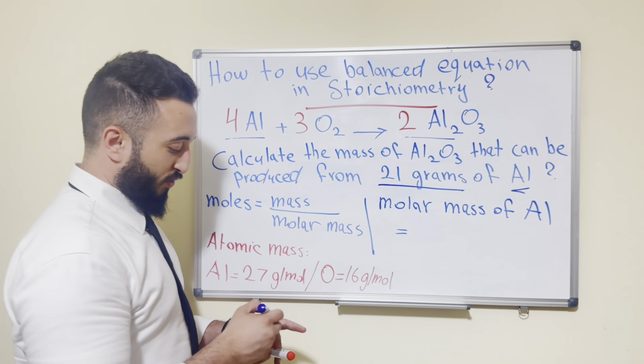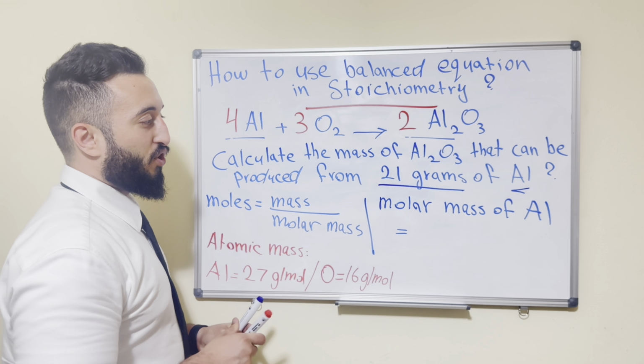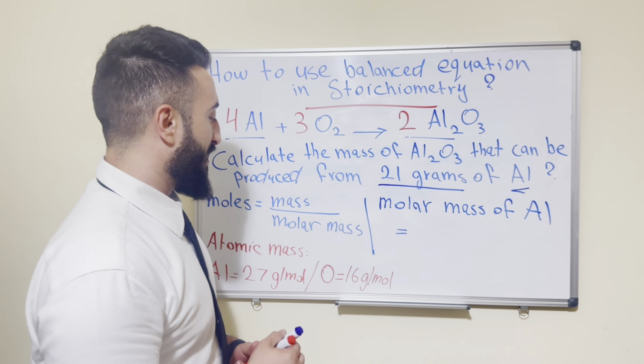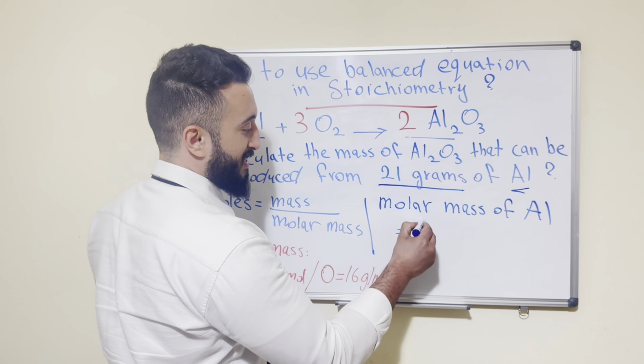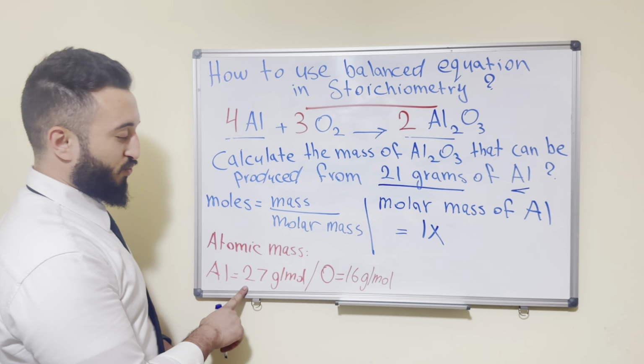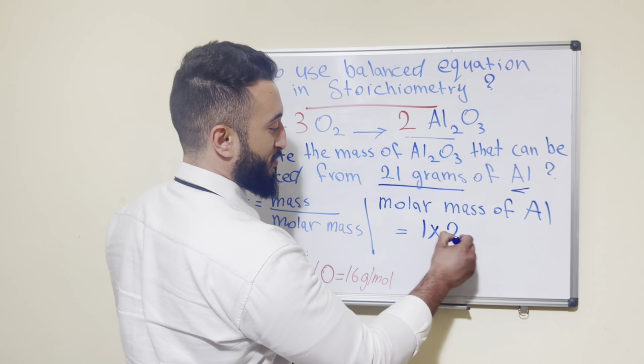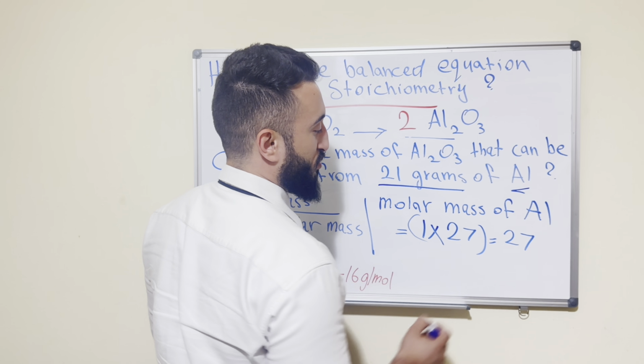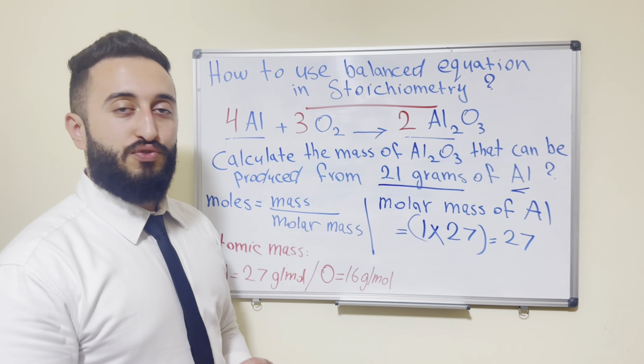So let's calculate the molar mass together. How many aluminum do we have? We have only one, and this one has a mass which is 27. So 1 times 27 will equal 27 also. So this is the molar mass of aluminum.